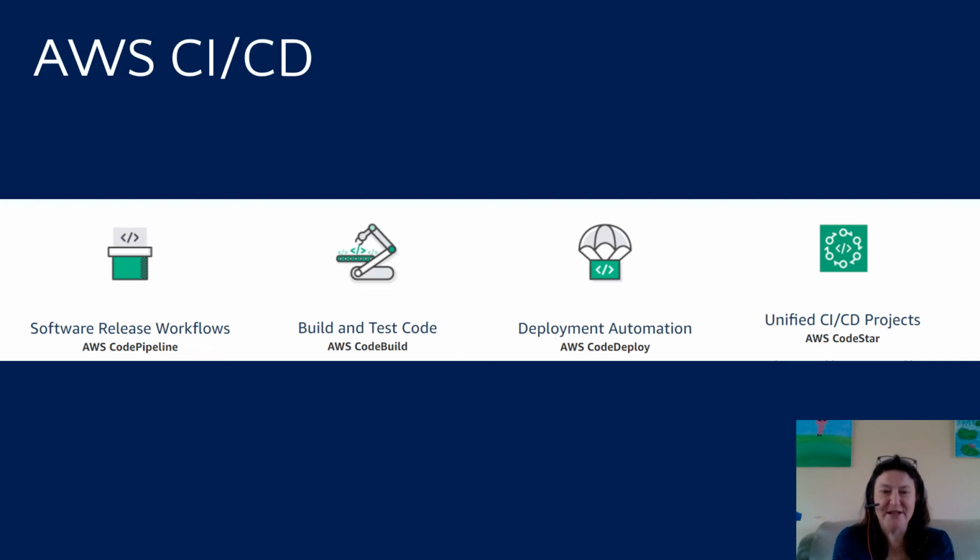Deploy automation is just like Azure Deploy, where you can CodeDeploy, you can deploy your code into the different environments, into dev and prod and staging and so on. And then CodeStar kind of manages all of this together and manages the whole CI/CD process in AWS.